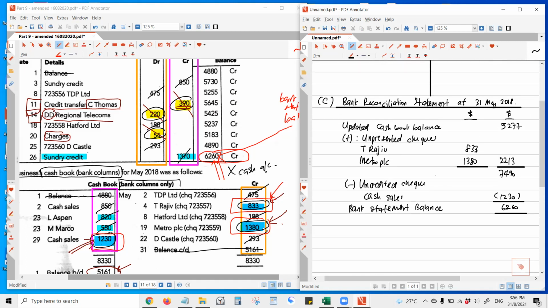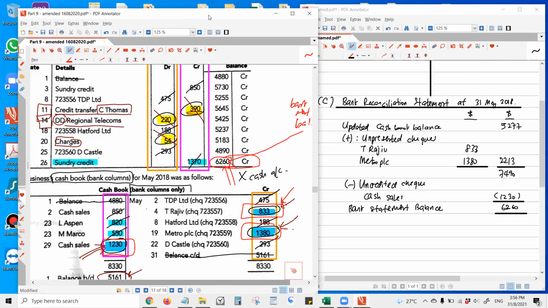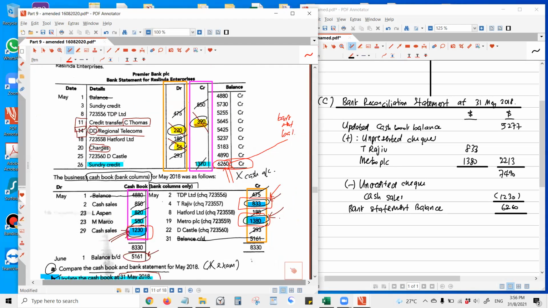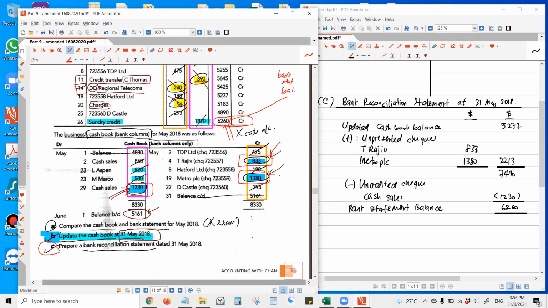We deal with things that appear in the cash book already, but do not appear in the bank statement. Okay, the other way around. But this question is easier because it doesn't have errors made by the bank. In certain questions, you will see that there are errors made by the bank. For errors made by the bank, you have to deal with it in the bank reconciliation statement.